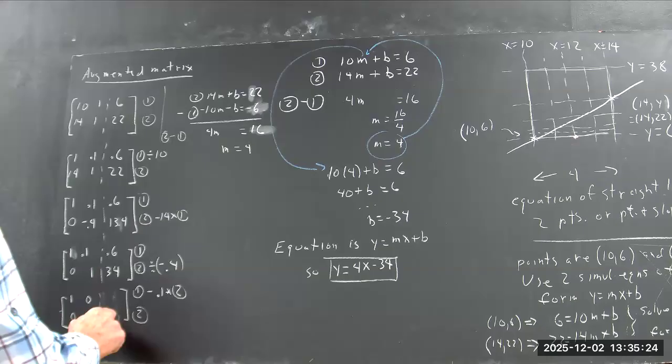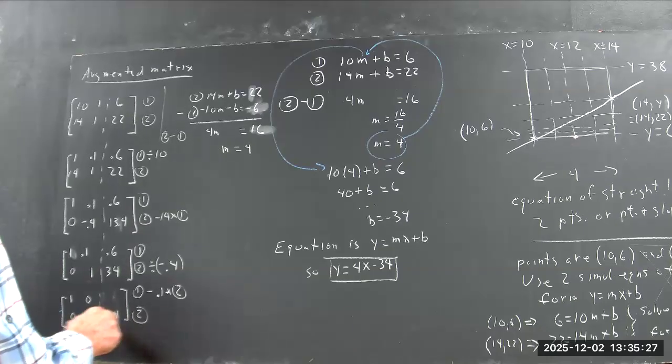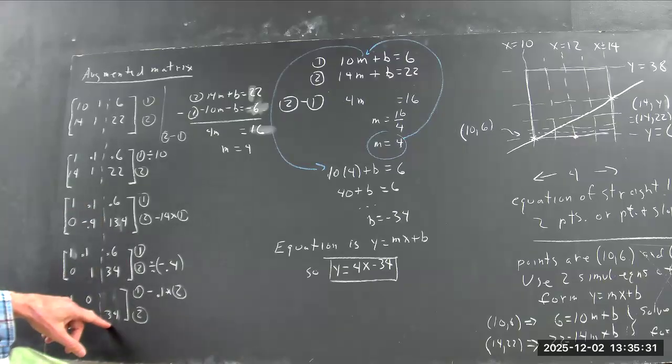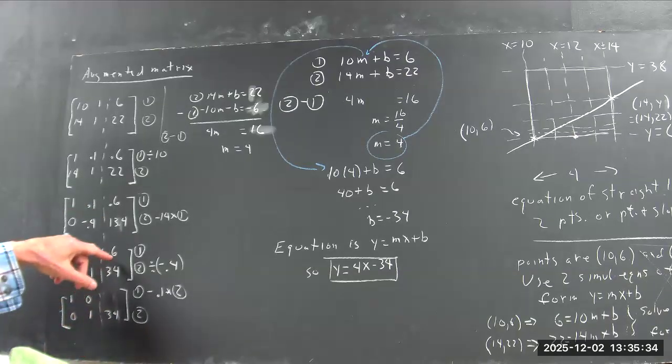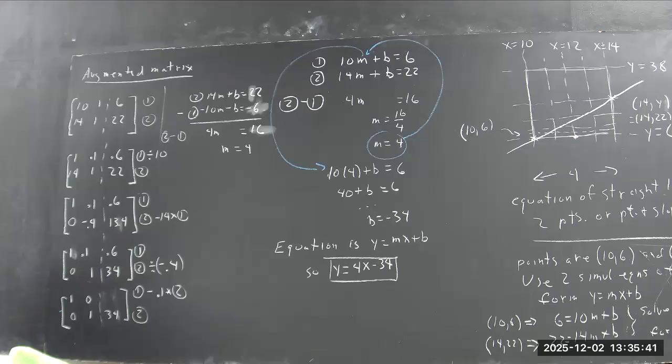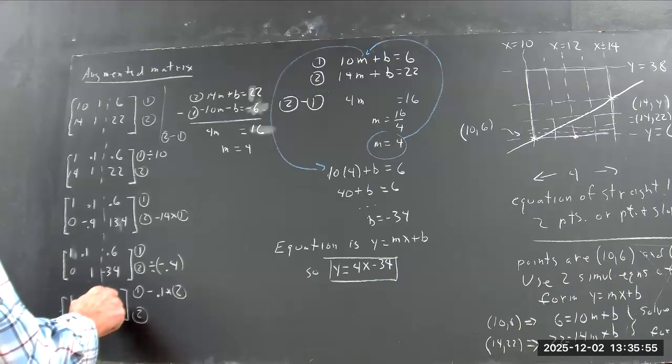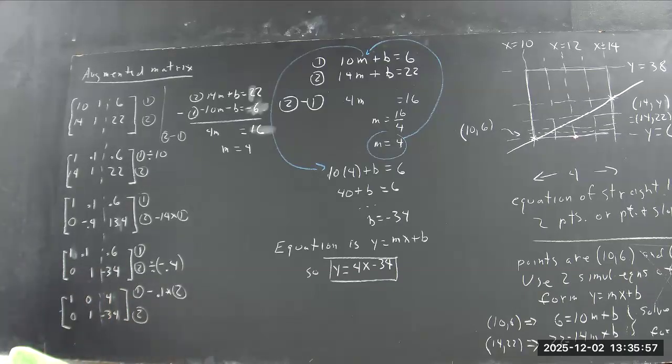So now when I subtract a tenth of row 2 from this, I'm subtracting 3.4. Should be a negative 34. I'm adding 3.4 to 6 and I get 4. Okay, sorry.